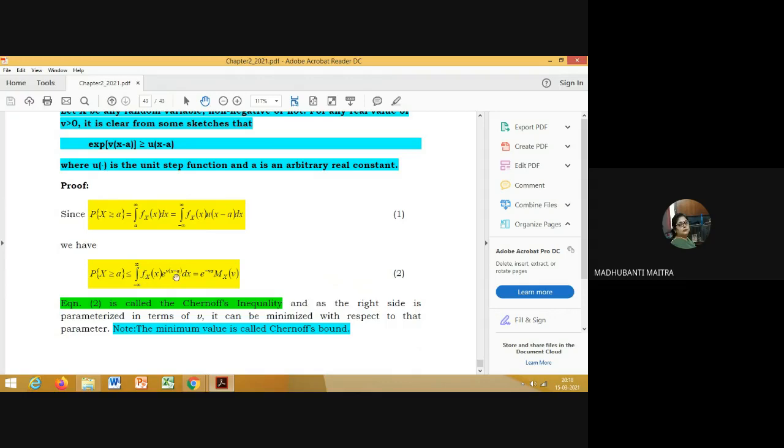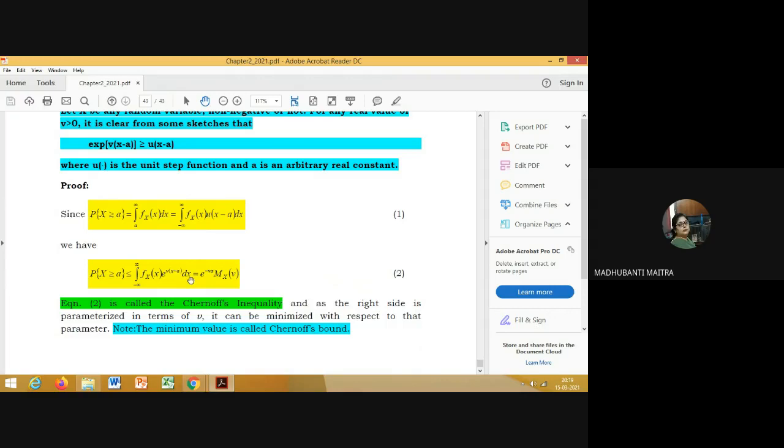Now if I take e to the power minus va out of the integration sign, that I can do. So I'll get e to the power minus va, and within the integration sign we have e to the power vx into f(x) dx.